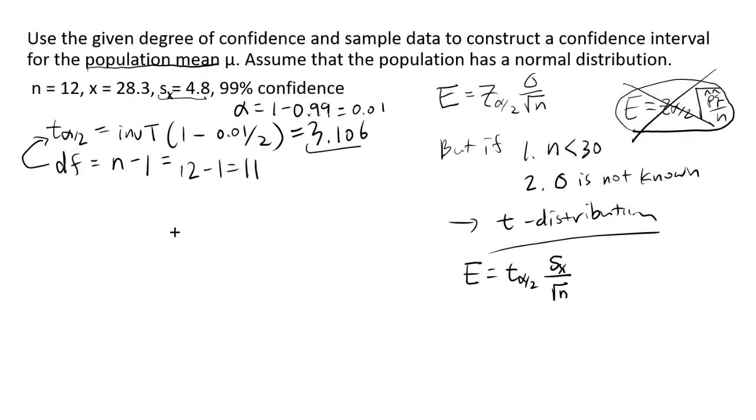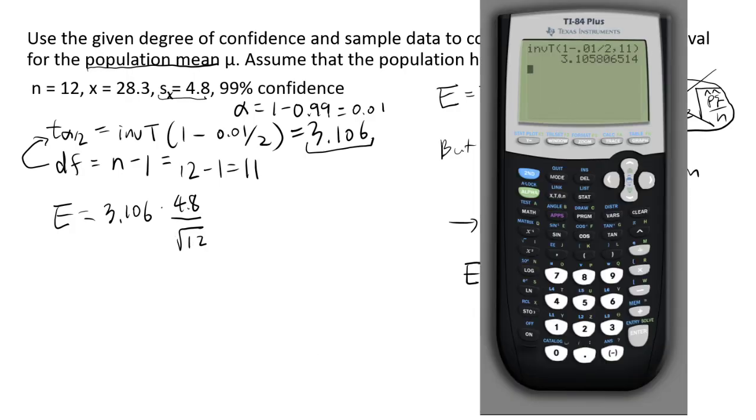Now the important thing is we got the 3.106, and now we have to calculate the margin of error using this formula right here. So we have 3.106 as t alpha over 2 times the sample standard deviation, which is 4.8, divided by the square root of n, and that's 12.